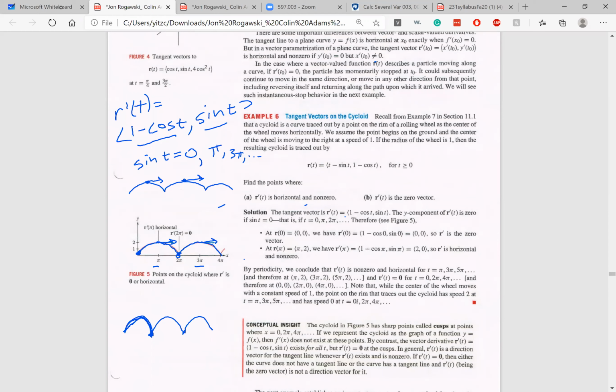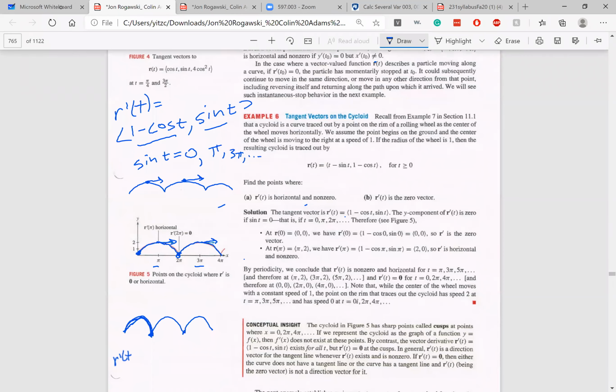And then if we have that they're both 0, so that r prime of t is equal to the 0 vector, which would tell us that 1 minus cosine of t is equal to 0, or cosine of t is equal to 1, and sine of t is equal to 0.